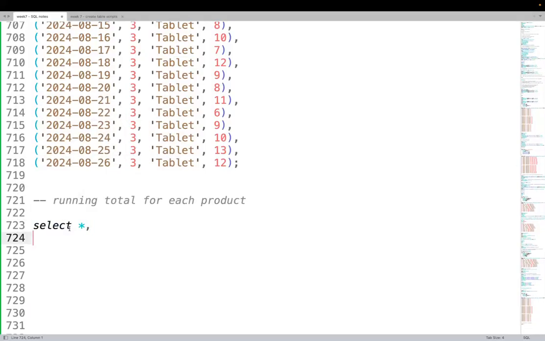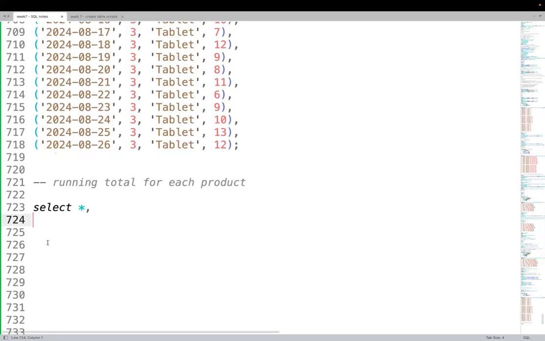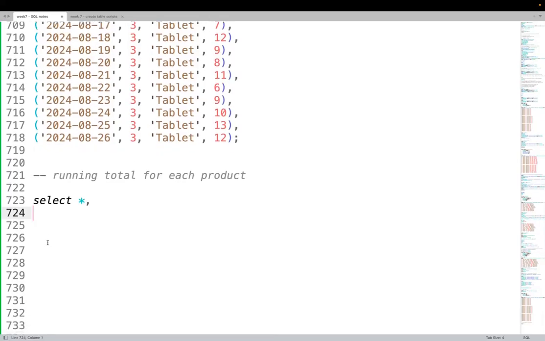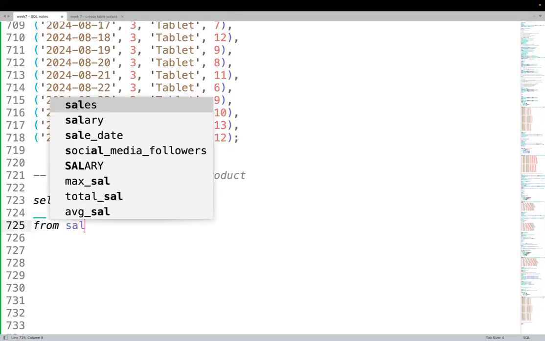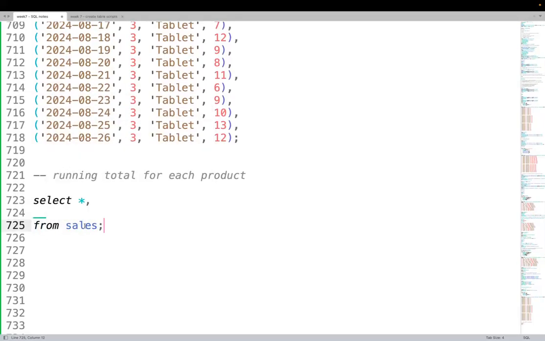Instead of star, whatever columns you want, you could have mentioned that. But for now, we'll give star. That means I want all the columns from this table, comma, and then whatever function, from table sales. And this is the part I need to write.